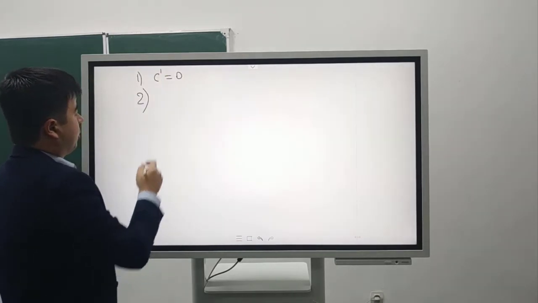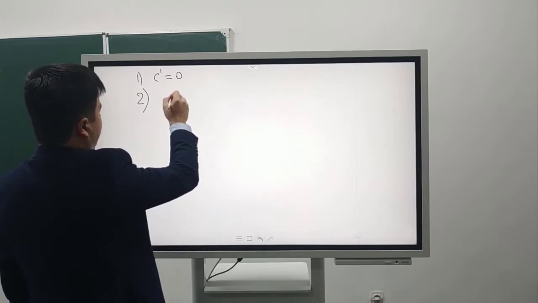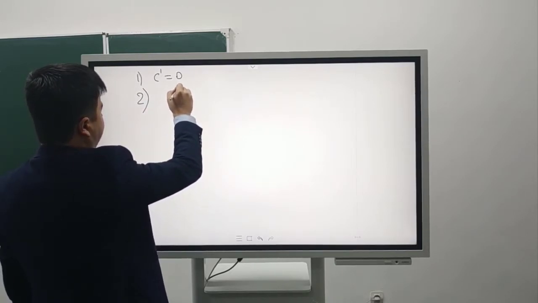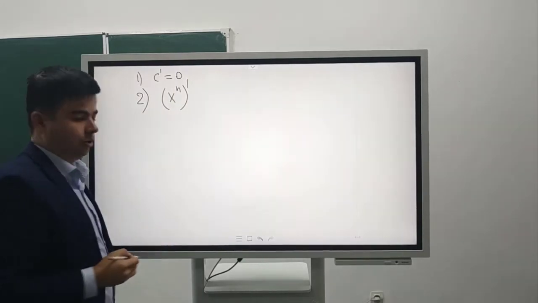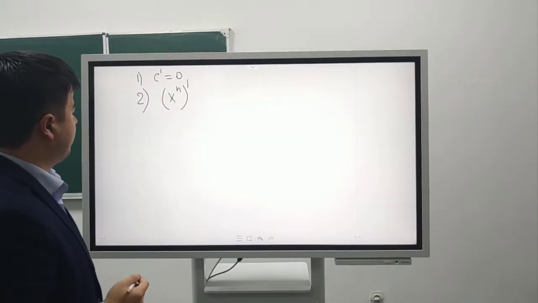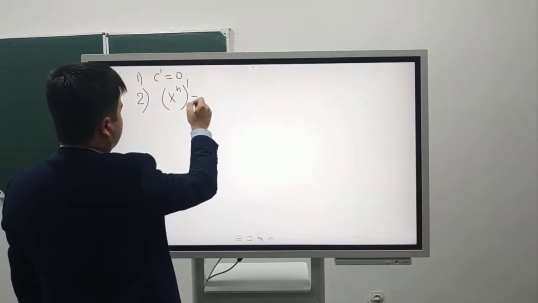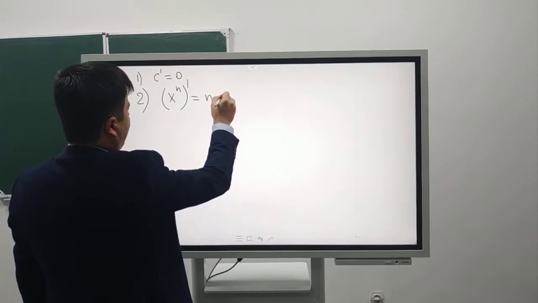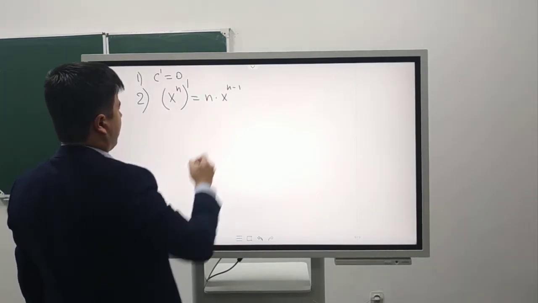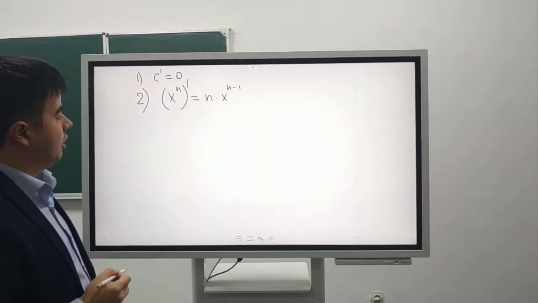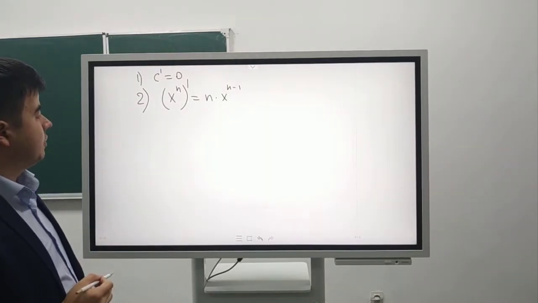And the next one, power function, x to the power of n. What will be the derivative of x to the power of n? It is n times x to the power n minus 1. So this is the derivative of this function.